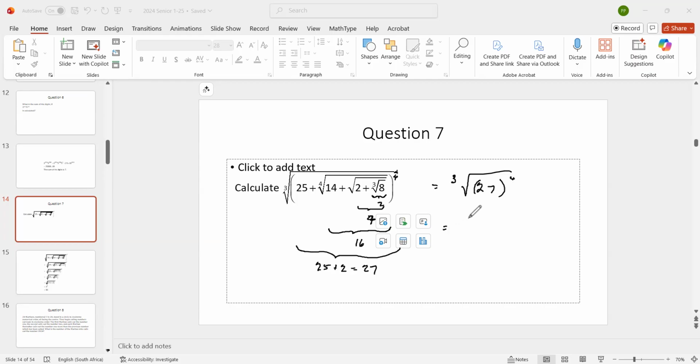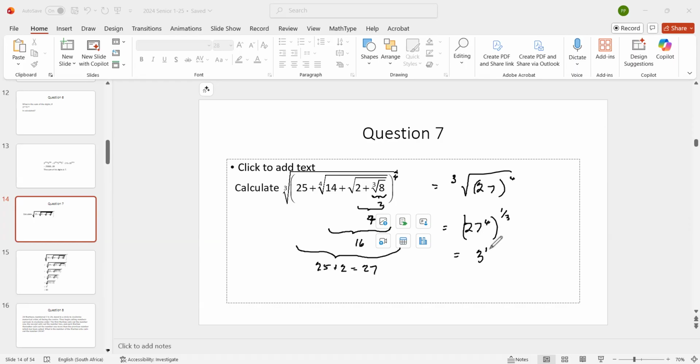Okay, now how do you do that? This is 27 to the power of 4, all raised to the power of 1/3. And the cube root means it's raised to the power of 1/3. 27 by itself is 3. So this is 3 cubed. So you got 3 cubed to the power of 4, right?